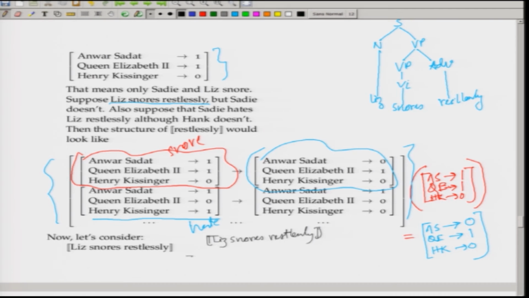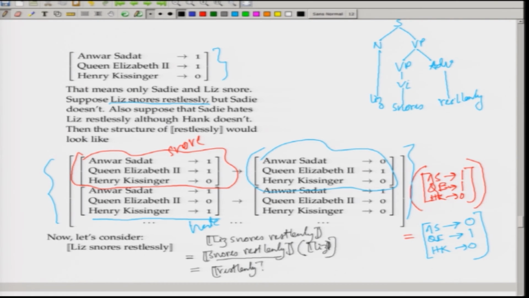Snores restlessly, this function, this takes Liz as an argument, whereas snores restlessly itself is another function. How to understand it?